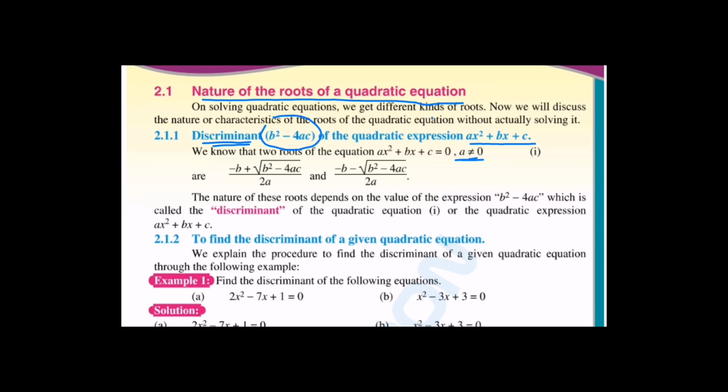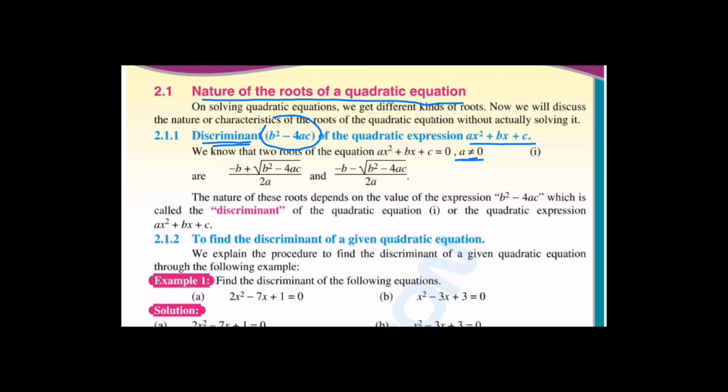We know that the two roots of the quadratic equation ax² plus bx plus c is equal to 0 are minus b plus square root b²-4ac divided by 2a, and the other root minus b minus square root b²-4ac divided by 2a.